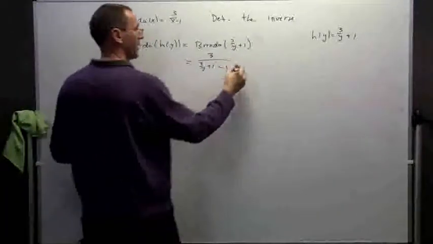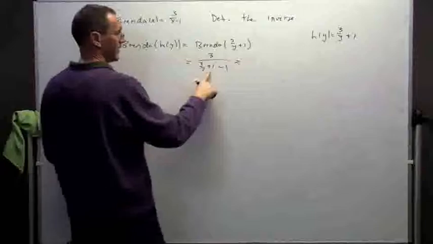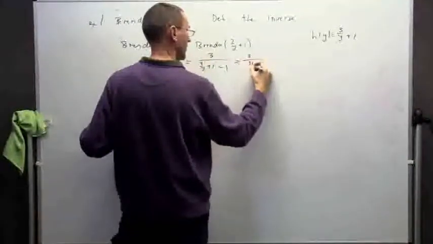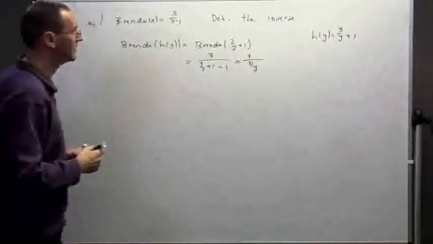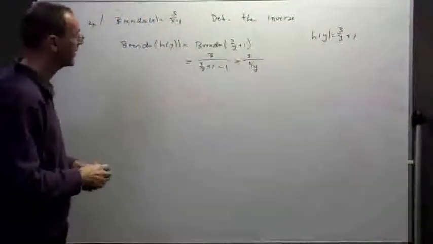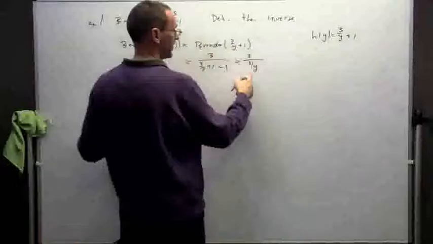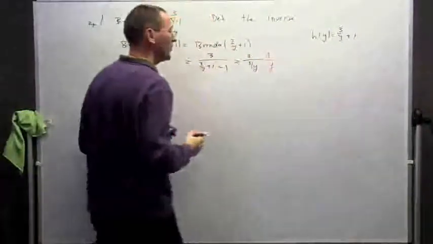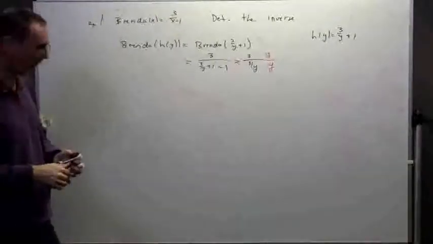And now we're just going to play algebra games. Let's see, the easiest thing here to do is cancel that. I have that. This is kind of a mess. So let's do this. I don't like fractions in the denominator. So let me multiply the top and the bottom both by y.